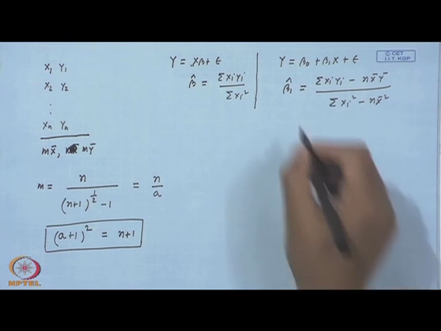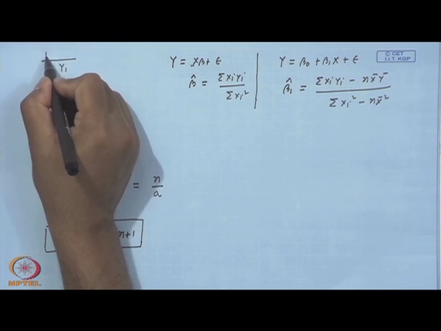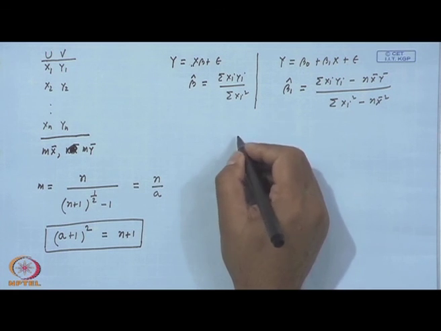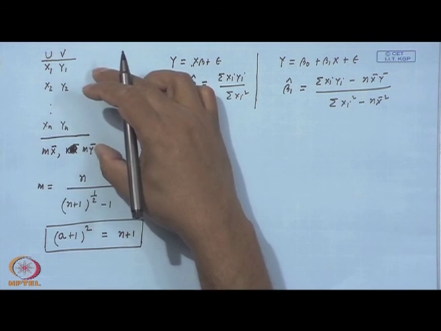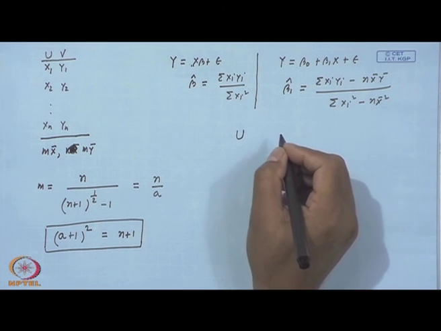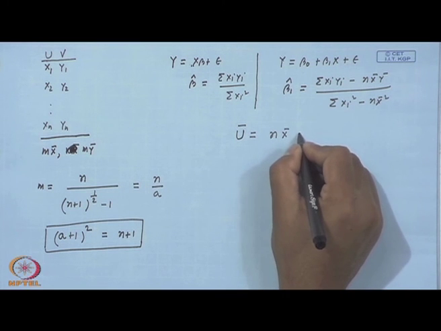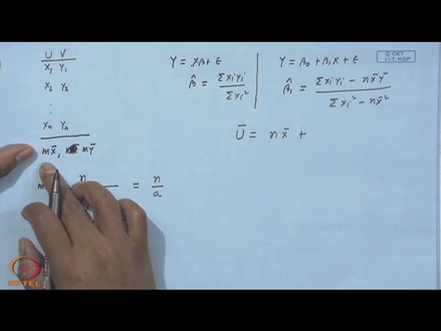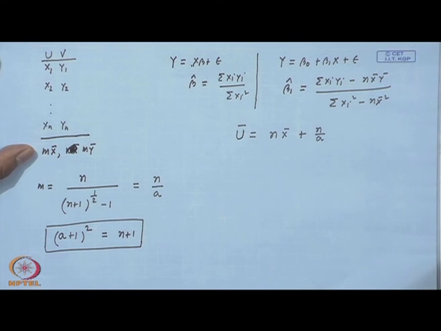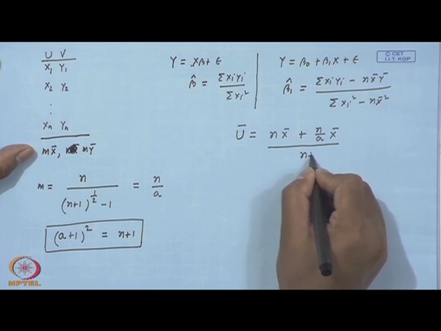Okay. Now, we will use this formula for the revised data. Let me call this data u, v. Now, for this new data which is now involving n plus 1 points, what is u bar? u bar is equal to n x bar plus the new data, m x bar. m is nothing but n by a, x bar, by n plus 1.